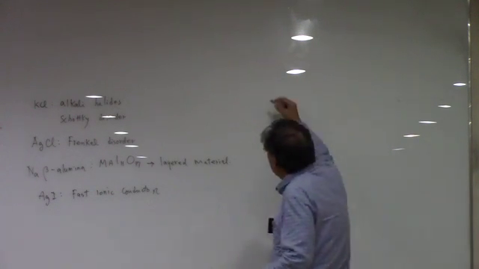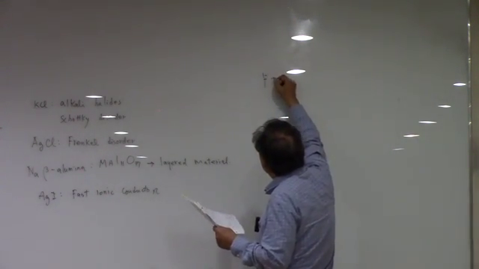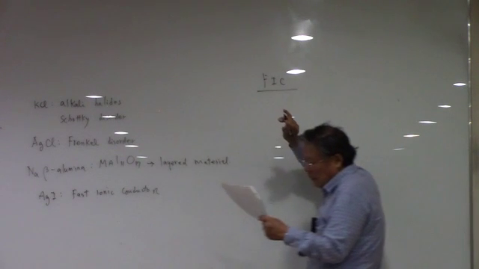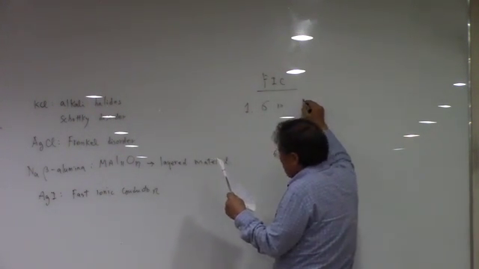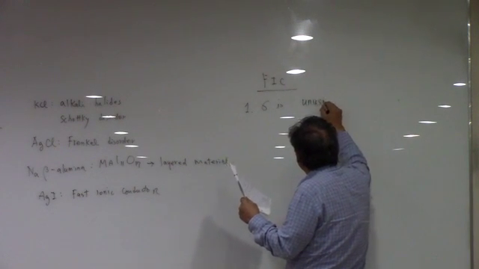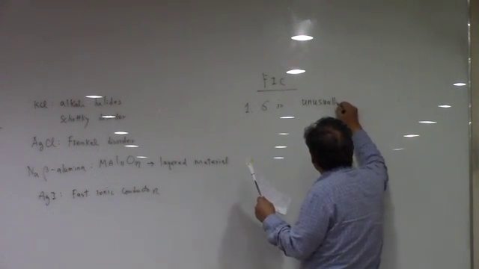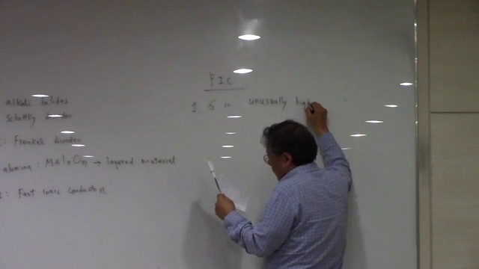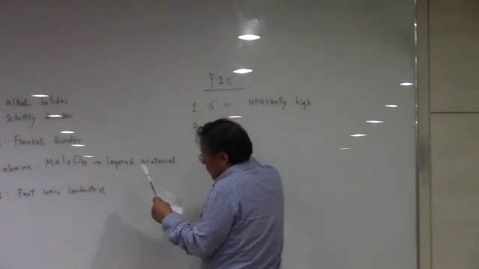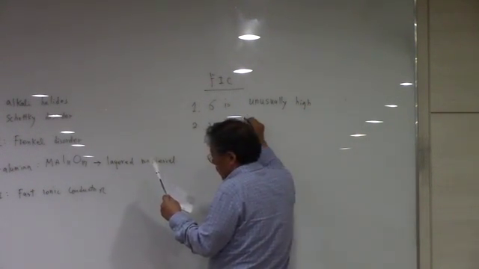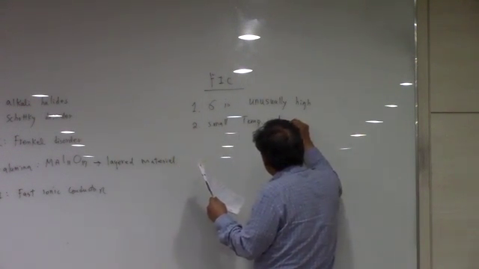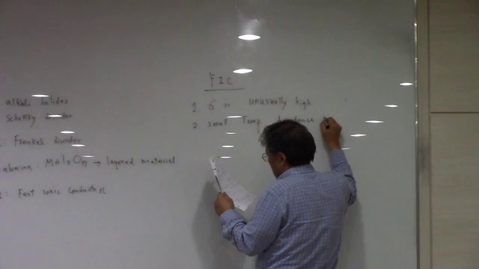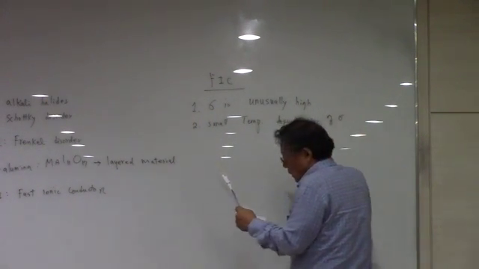So, in summary, fast ionic conductors. Number one, conductivity is unusually high. Number two, small temperature dependence of conductivity.